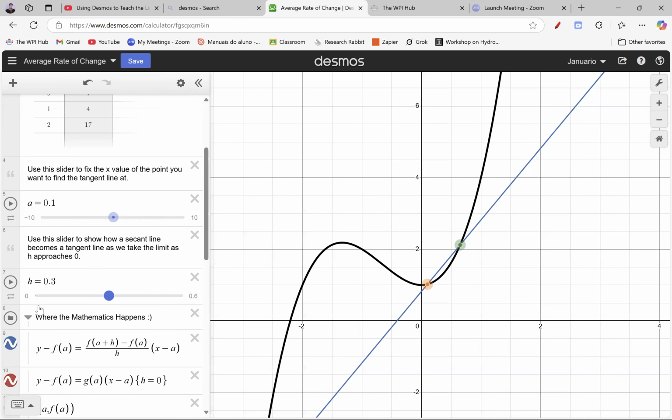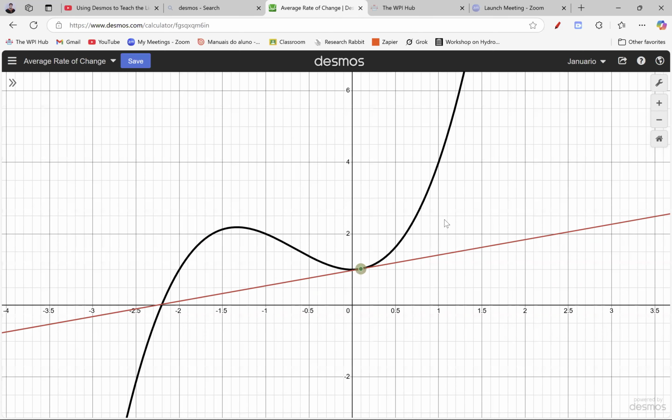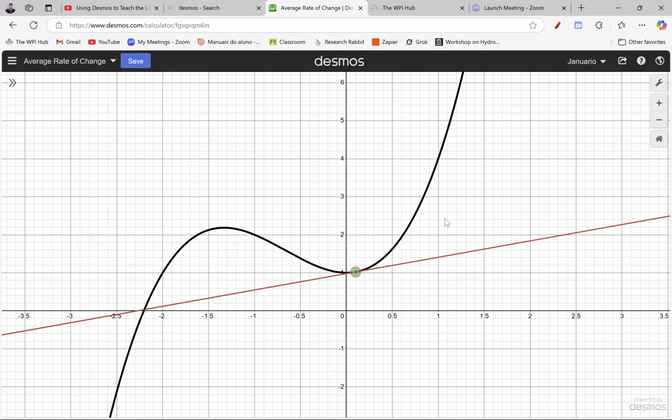Imagine you have a graph like this. So you have a function like that. This is a function, yeah. So this is your function over here.